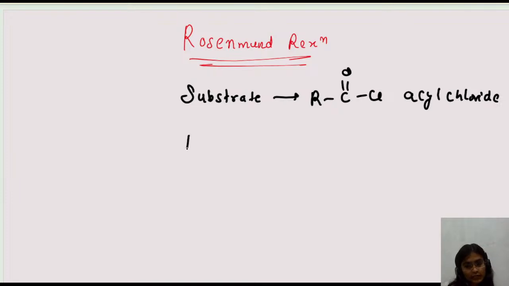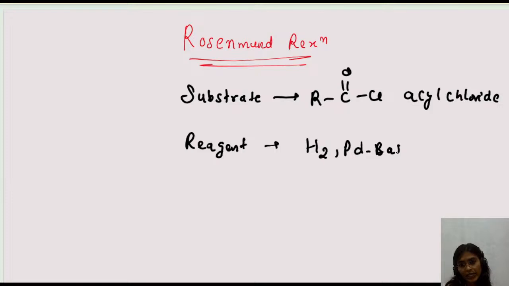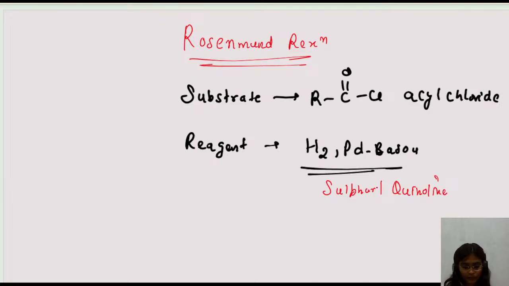So in this case, what is the reagent? Which kind of reagent are we using there? The reagent is H2, Pd and BaSO4. Now, can anyone tell me the name of this reagent? It's one of the famous reagents. Or you can use some sulfur or quinoline as well. Yes, it's the Lindlar catalyst.